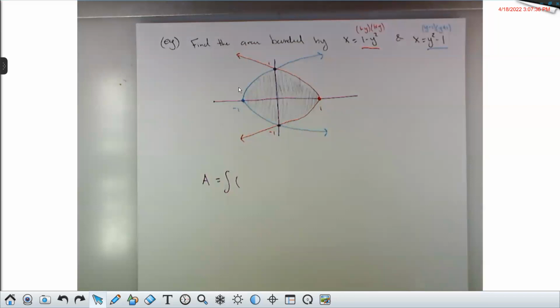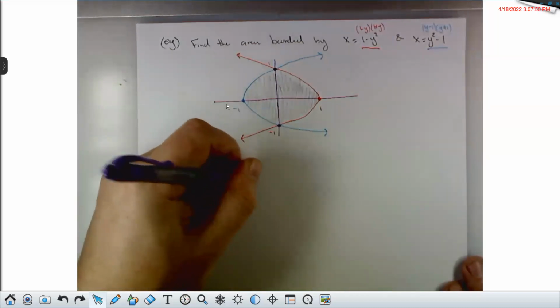So I'm going to integrate the right minus the left from the lowest y value in the region to the largest y value in the region. So what would my right be? 1 minus y squared. Very good. The right function is 1 minus y squared.